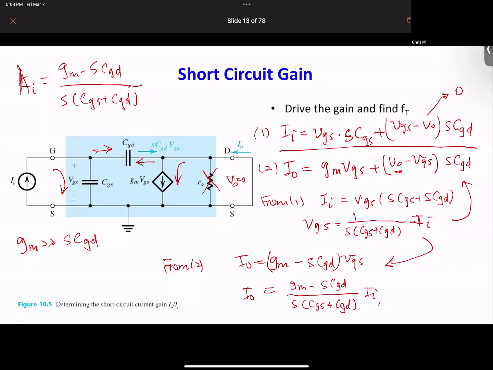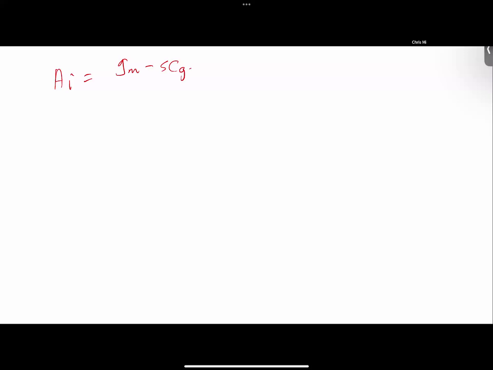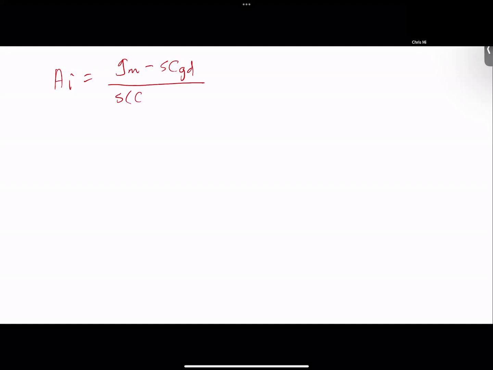Let me write this down on the next slide. So we got AI equal to (gm minus sCGD) divided by s(CGD plus CGS), which is approximately gm divided by s(CGD plus CGS).